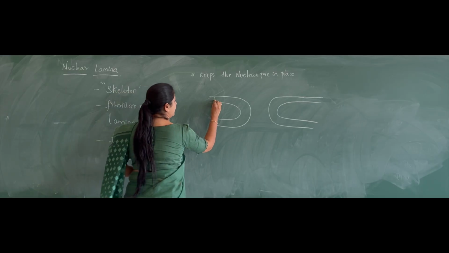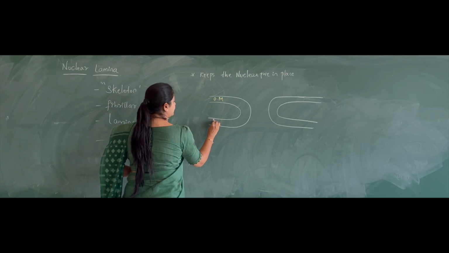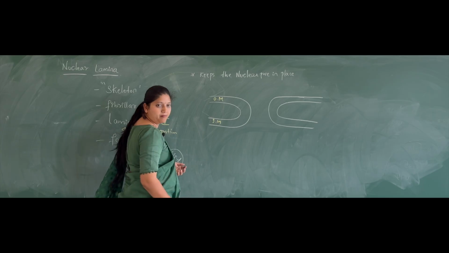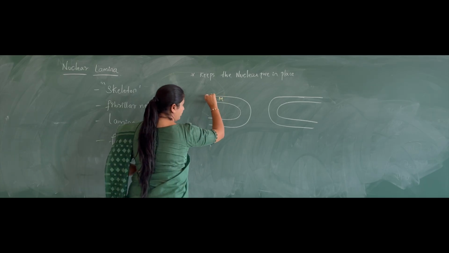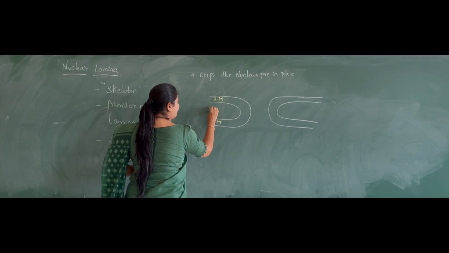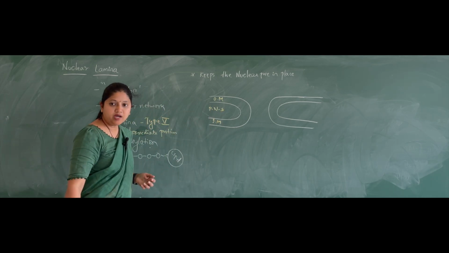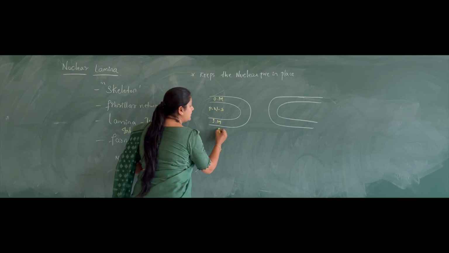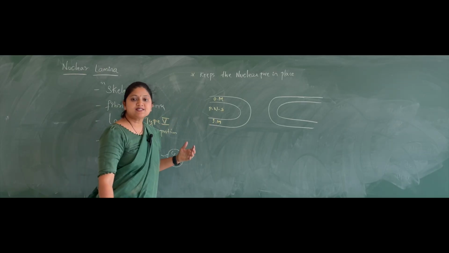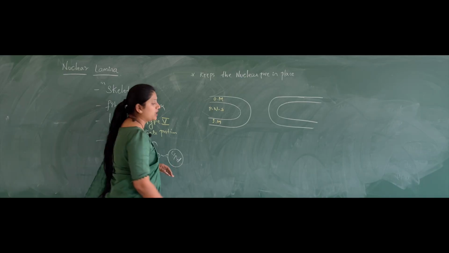This is the outer membrane, this is the inner membrane, and this is the perinuclear space. Okay, now how exactly is the nuclear lamina situated below the inner membrane?